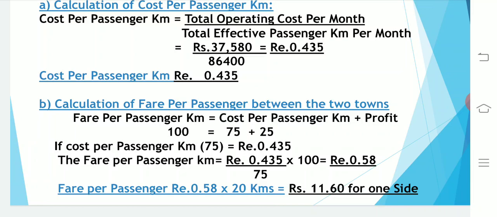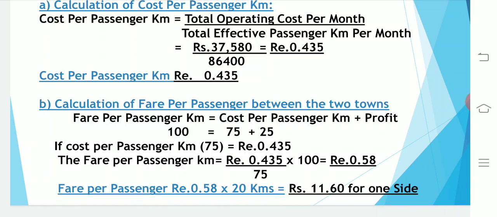If the cost per passenger kilometer is 75, that is equal to rupees 0.435, so we calculate for 100. 0.435 is for 75. For 100 it will be 0.058. 100% is fare, so that is nothing but the fare per passenger kilometer.